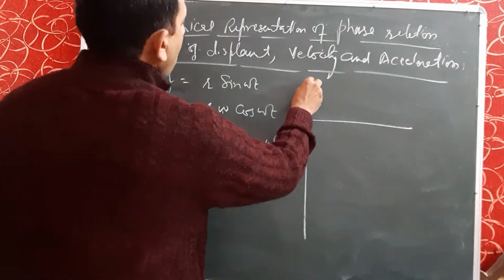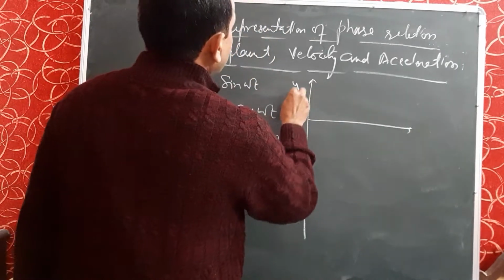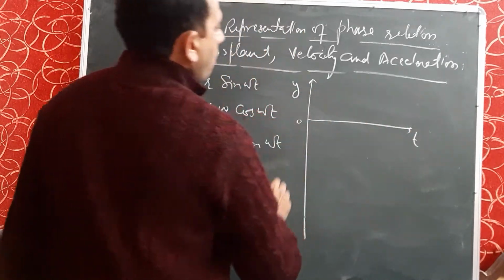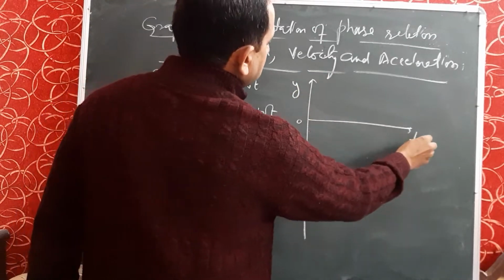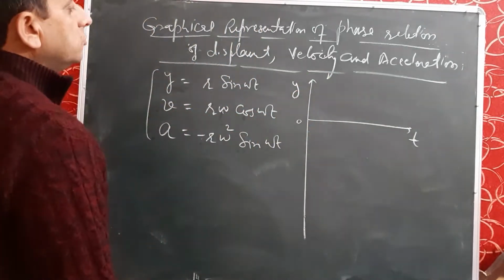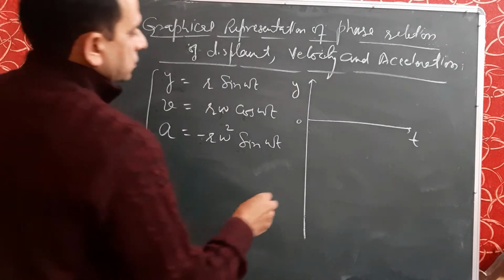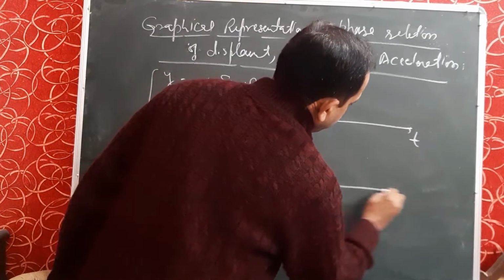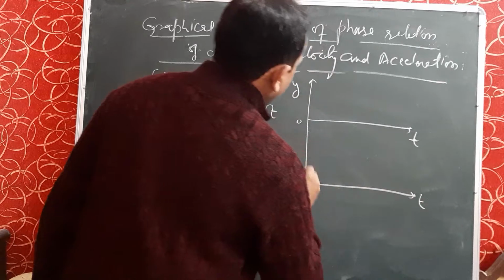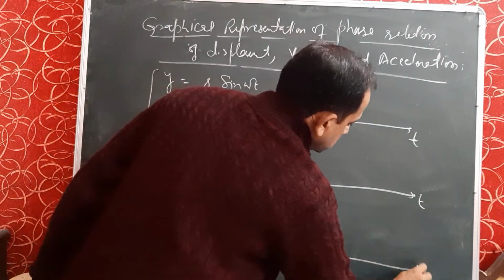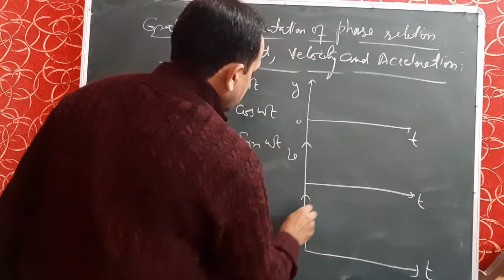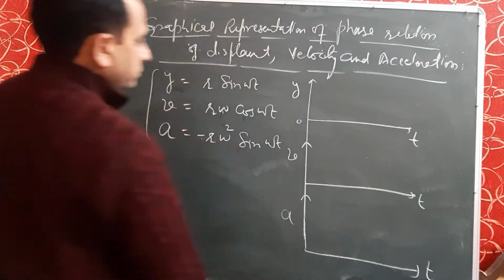First graph is displacement versus time. This is x axis, y axis: time along x axis and displacement y along y axis. Similarly, the second is time versus velocity, and the third one is time versus acceleration.